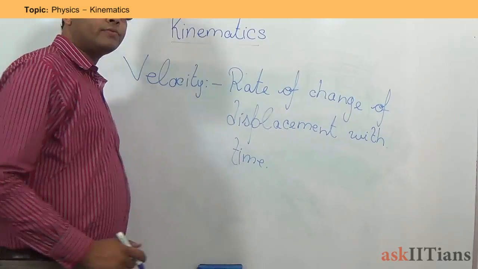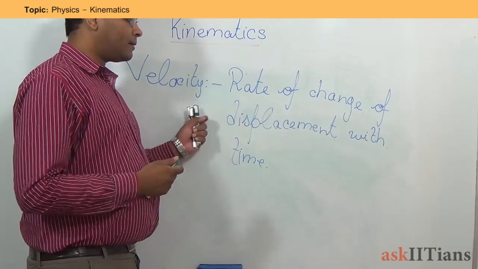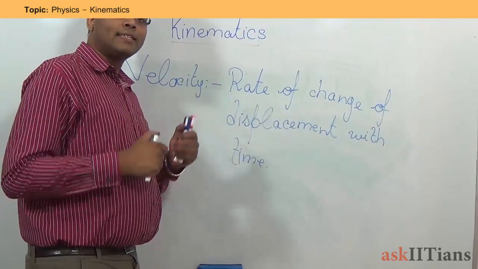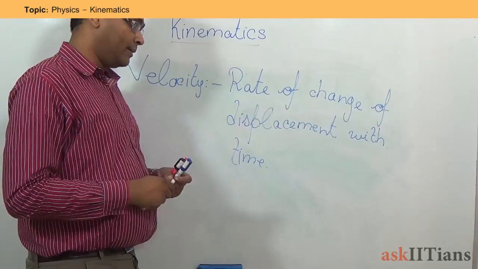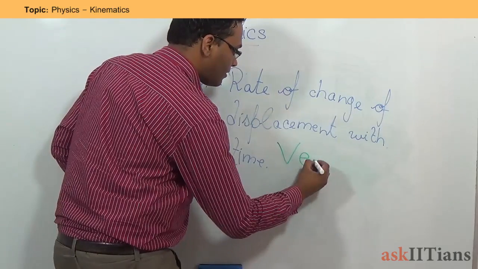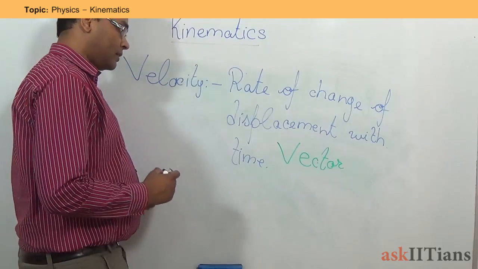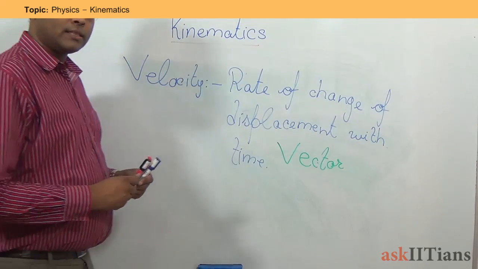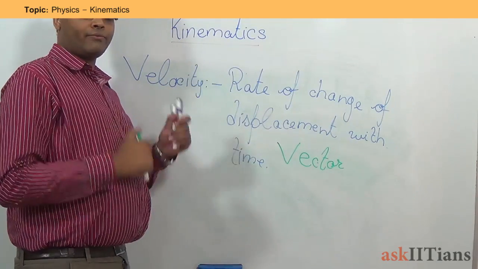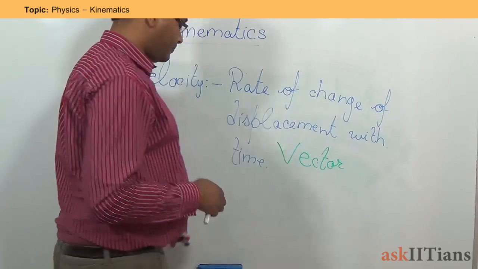So when we say rate of change of displacement with time, what does that mean? It means how the displacement is changing over time, and therefore this is going to be a vector quantity, right? So we have defined speed, we have defined velocity. One is a scalar, the other one is a vector, right?